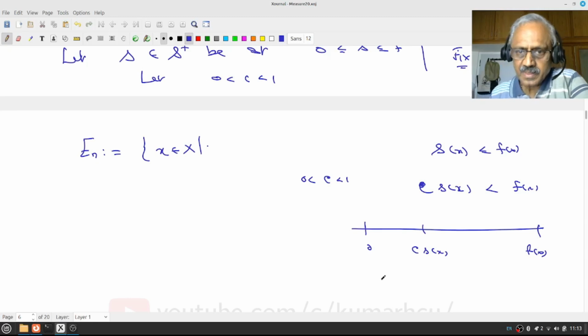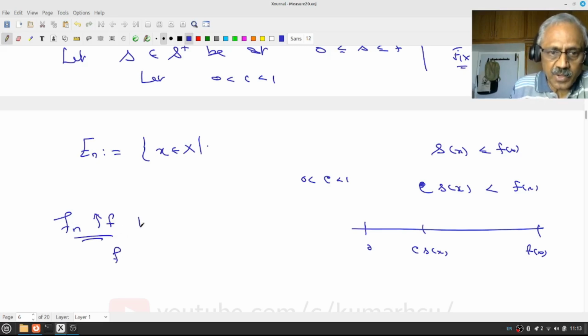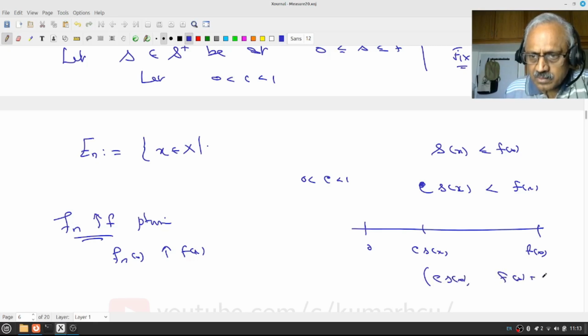You understand that? Right. Now, what do I know? I know that my sequence f n increases to f. This is pointwise, which means f n of x increases to f of x. Therefore, after a certain stage, look at this interval, c s of x to f of x, plus something. It is increasing.